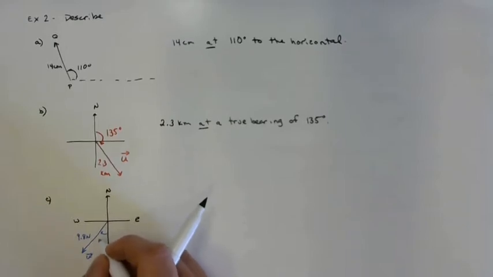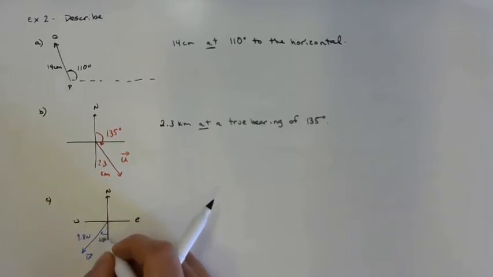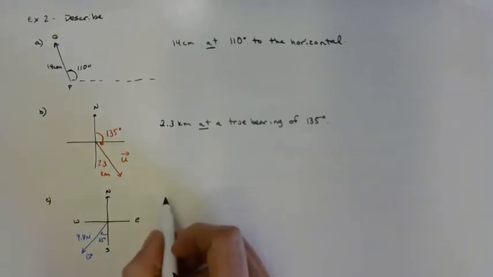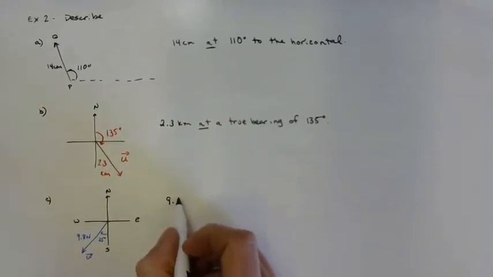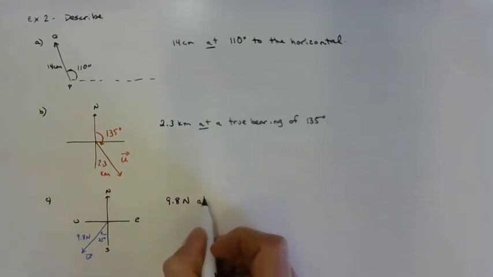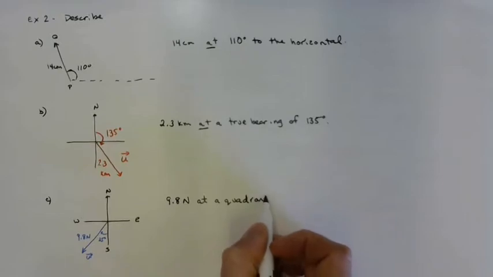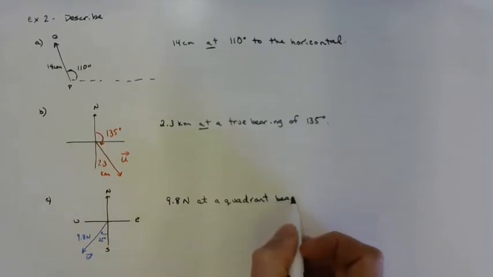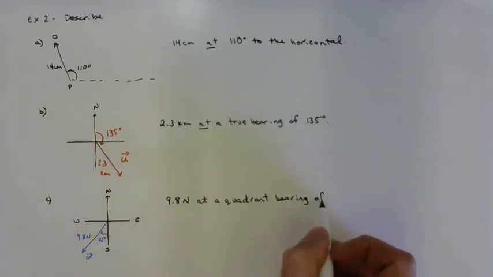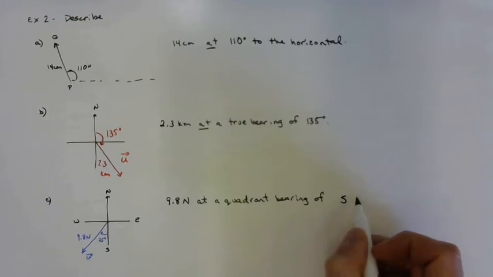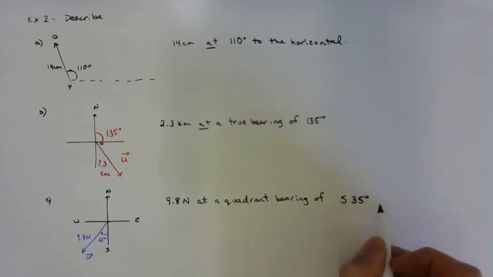We're heading toward the west at an angle of 35 degrees. So now we do have a quadrant bearing. And again, we're going to put our magnitude first, 9.8 newtons at a quadrant bearing of, start with our north-south line. So we're heading south, and then from south, we're heading 35 degrees toward the west.